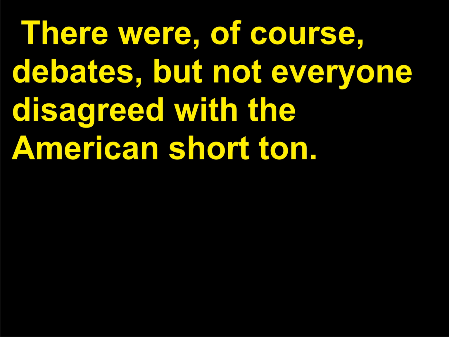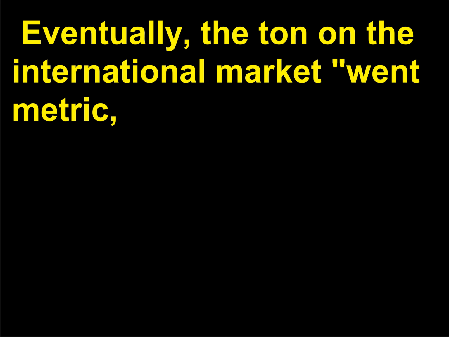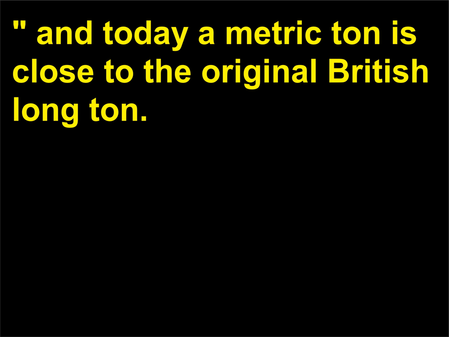There were, of course, debates, but not everyone disagreed with the American short ton. It became the favorite of British merchants, who called it a centile. Eventually, the ton on the international market went metric. And today a metric ton is close to the original British long ton.